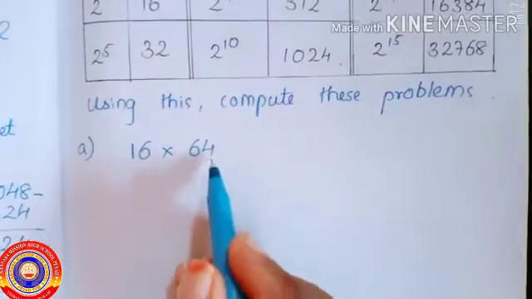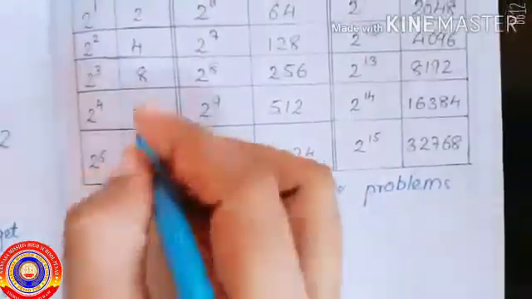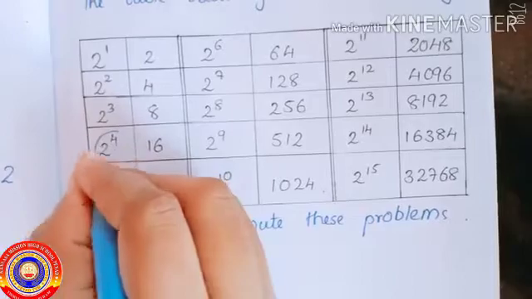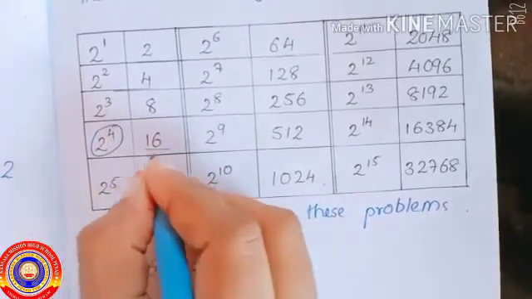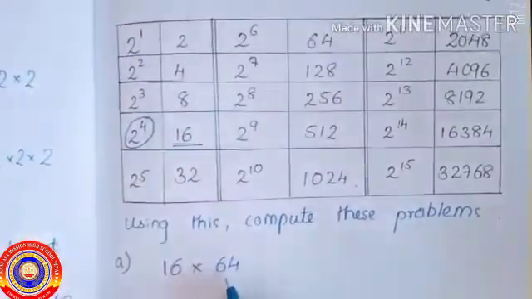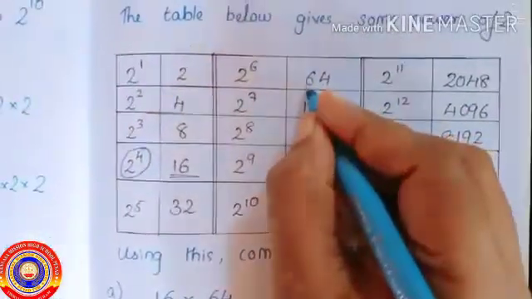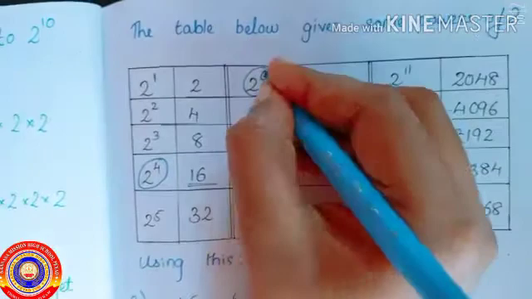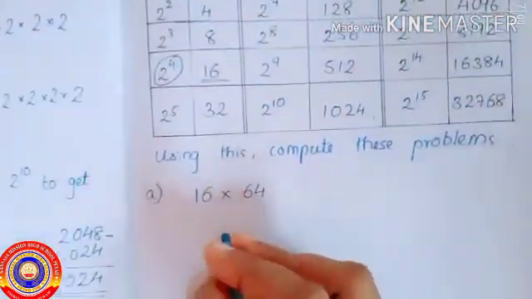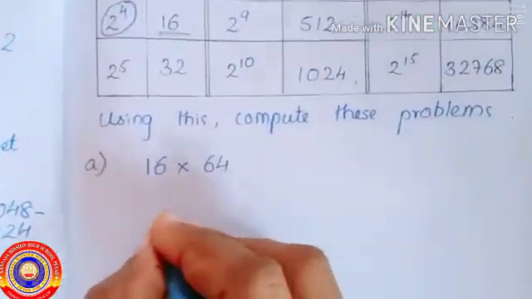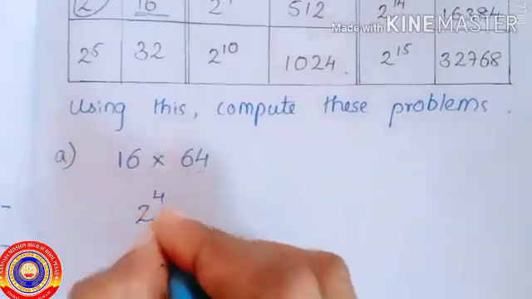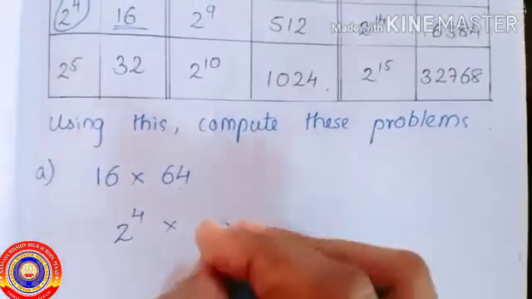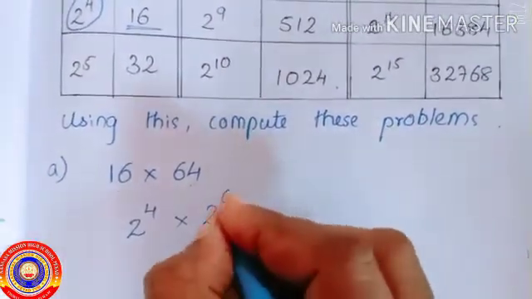The first one is 16 into 64. Here, the fourth power of 2 is 16 and the sixth power of 2 is 64. So, we have to multiply these two numbers, that is 2 raised to 4 into 2 raised to 6.